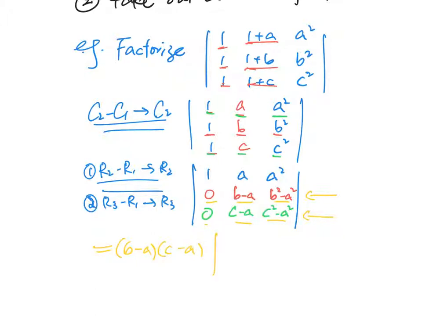So now we successfully take out two common factors, from row 2 and row 3. Then the only thing left behind will be 0, 1, and b plus a. Similarly, you have 0, 1, and c plus a. In this operation, the first row has no change, so we copy 1, a, a squared over there.